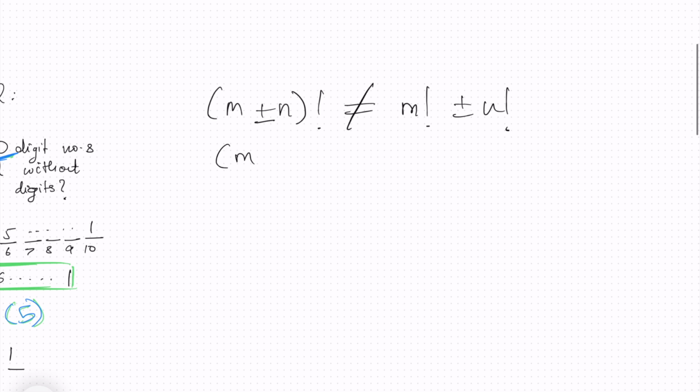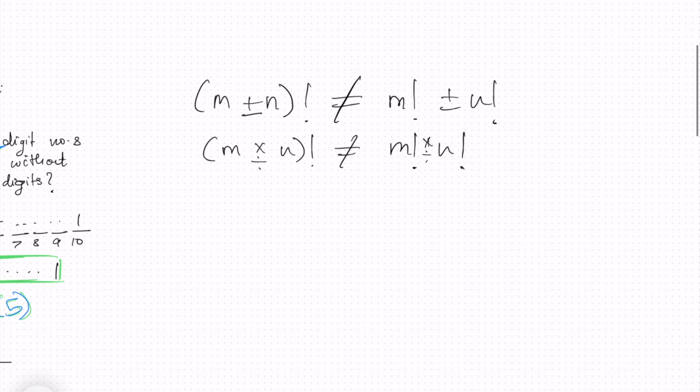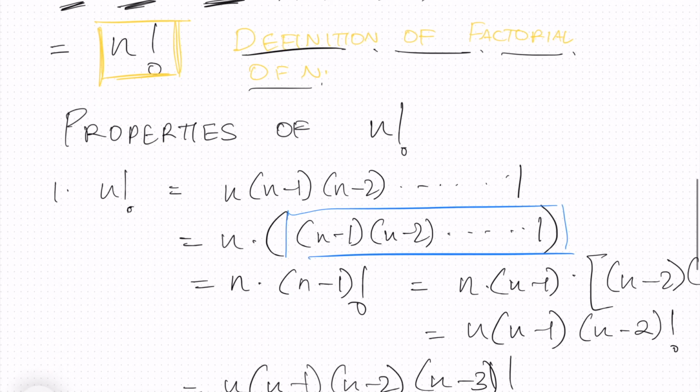And the same goes for m divided by or multiplied by n. This is not equal to m factorial multiplied or divided by n factorial. These are very important properties to know.